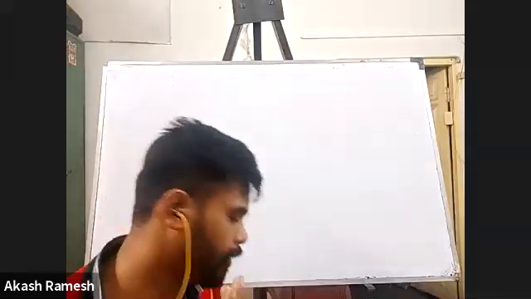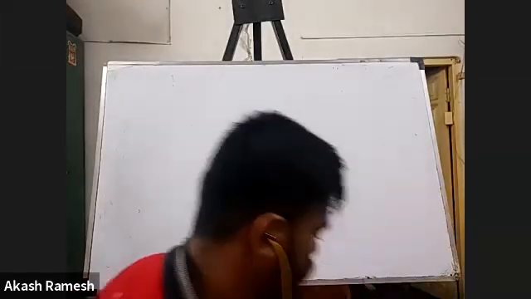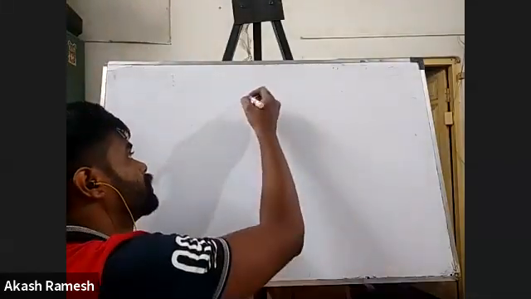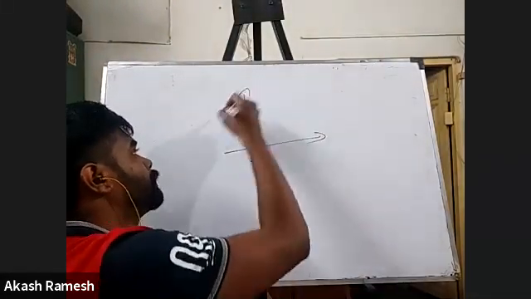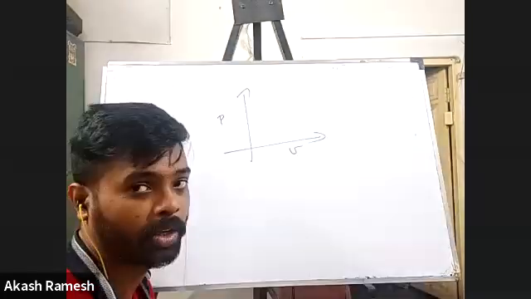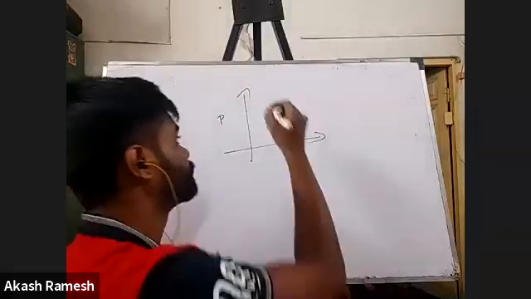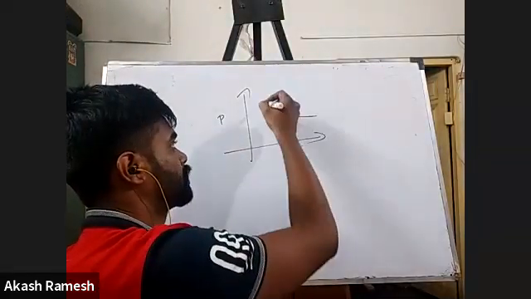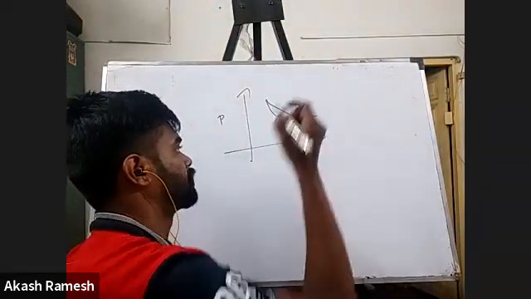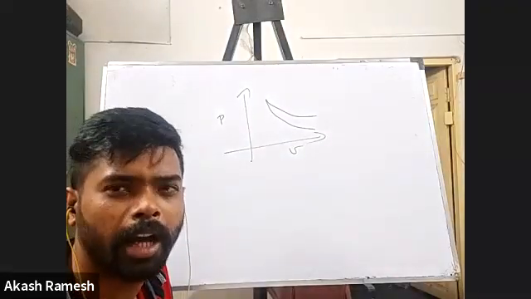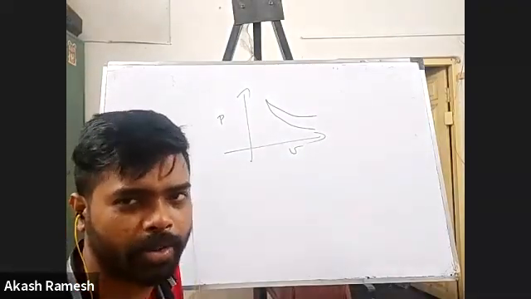Say I have a P versus V graph. Both are expansion processes, right? So say one graph is like this, another graph is like this.